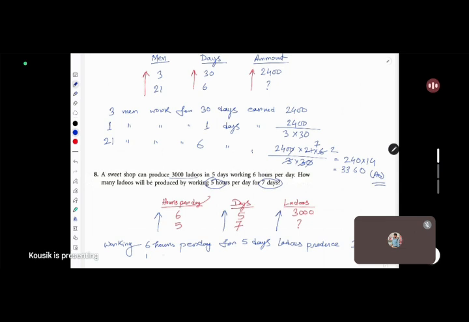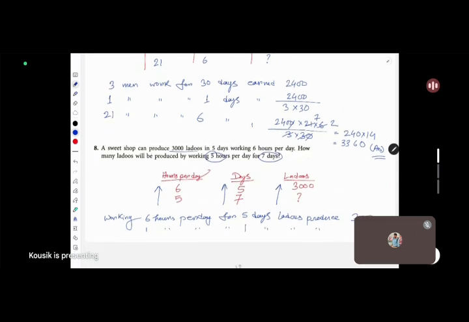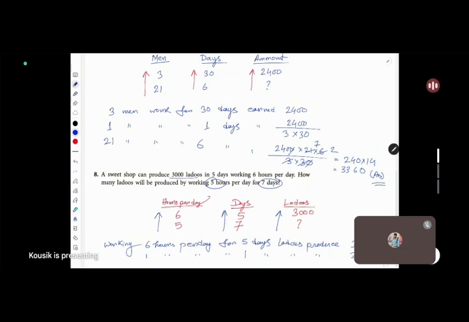So working 1 hour per day for 1 day, laddus produced কত? 3000 by 6 into 5.